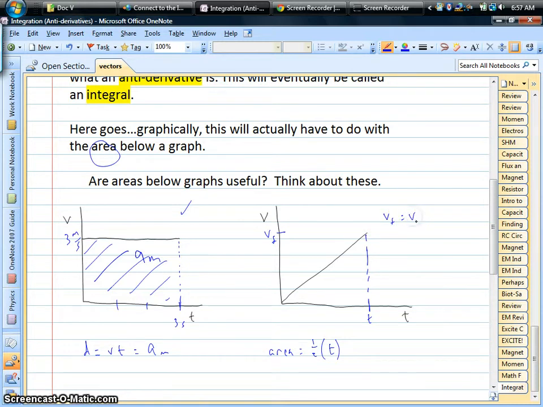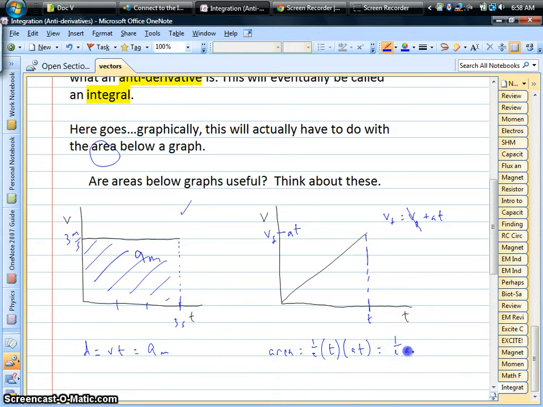But we know from kinematics that we've got this little expression for constant acceleration for final speeds. And if we assume, in this case, that your initial velocity is 0, then your final velocity is acceleration times time. Well, plug that into 1/2 base times height. The height is at.